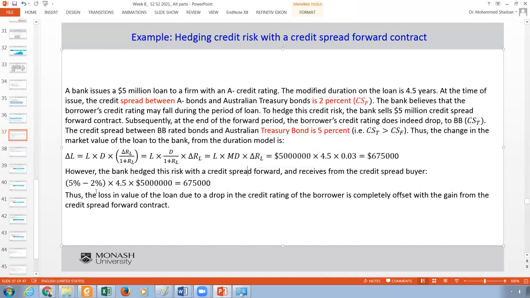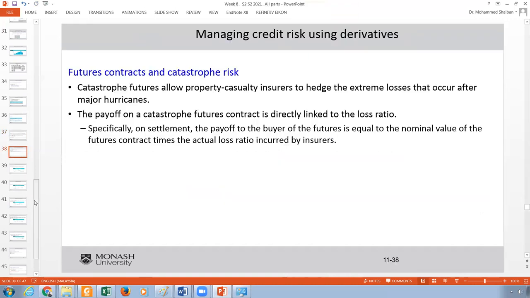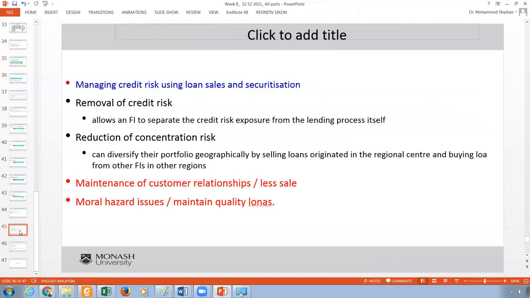So this is what they will pay you: the difference between the 5 and the 2, 3%, times the duration, times the value of the loan, which is 675. So actually, this bank did not lose anything. I mean, the hedge worked. The rest is okay.